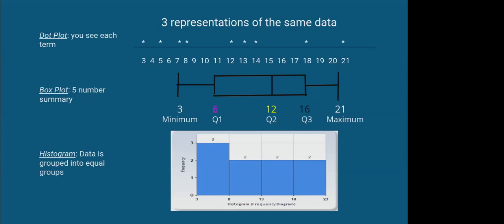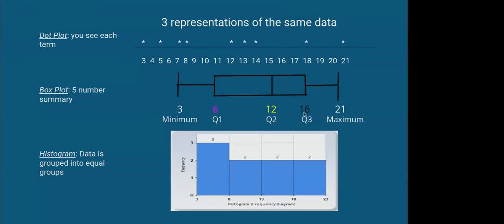That is your Q2. You can also tell the spread, or how far the lower end of the data is from the upper end of the data, because you are finding the range, and that is called the interquartile range.